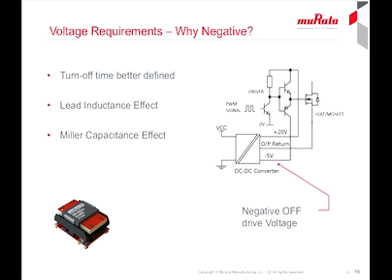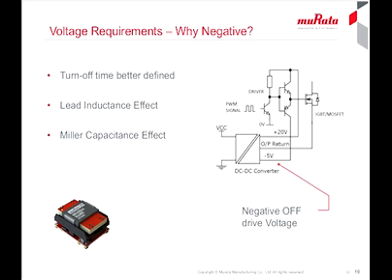Another consequence of the power switch gate charging and discharging is that the average positive and negative current needed to drive the gate voltage, positive and negative, is the same. It only depends on the total voltage swing.